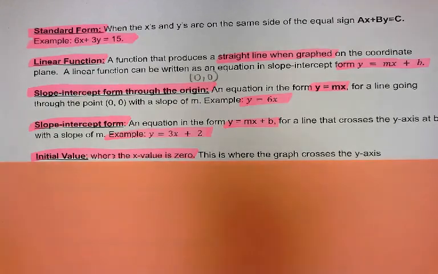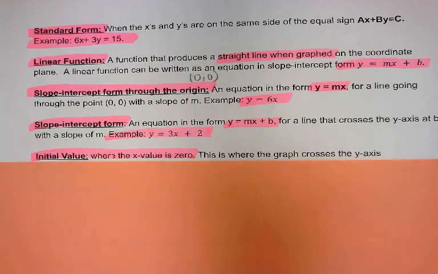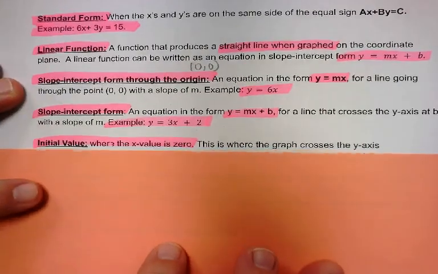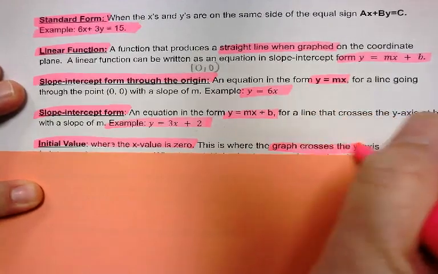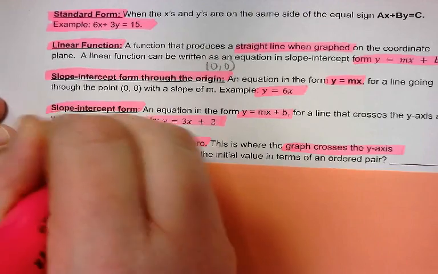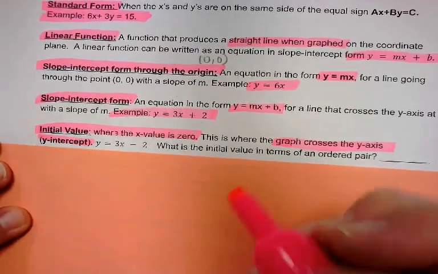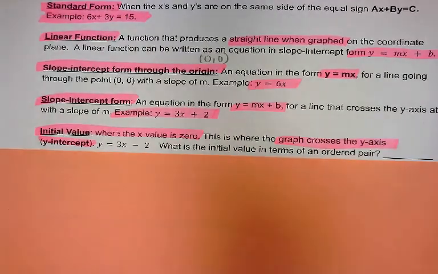This is also where the graph crosses the y-axis. This is your y-intercept. So I have y equals 3x minus 2. What is the initial value in terms of an ordered pair?